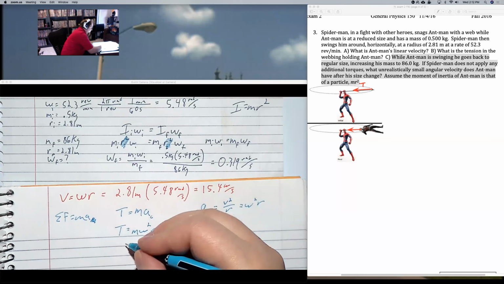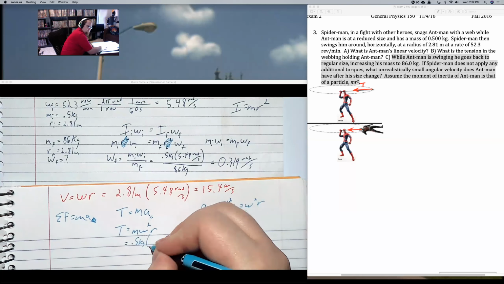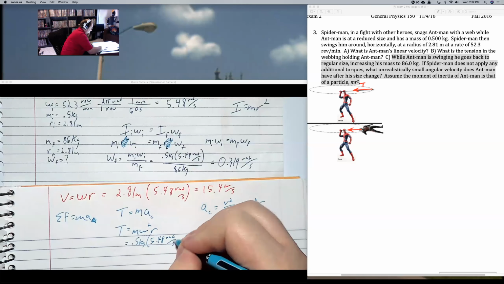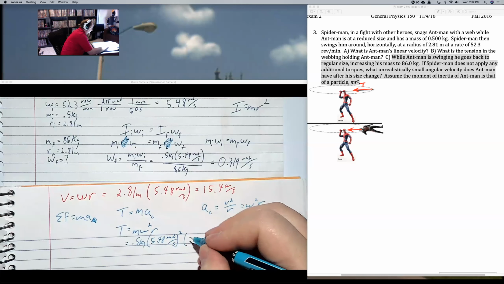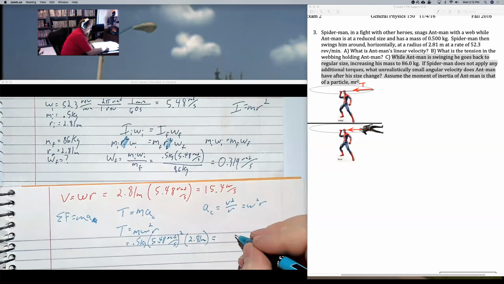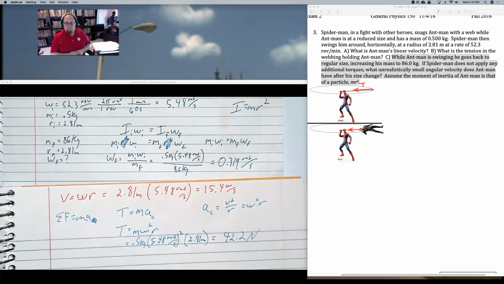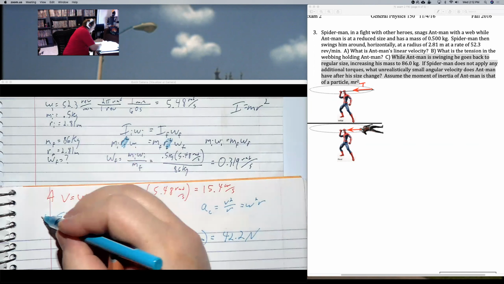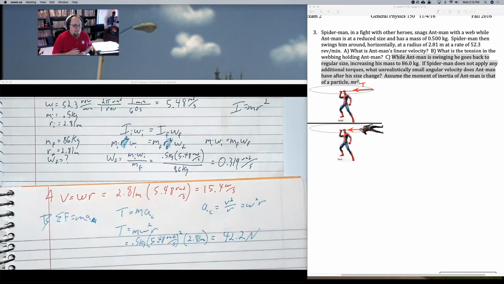And so the tension will be 0.5 kilograms times 5.48 radians per second squared times the radius, 2.81 meters, which is 42.2 newtons. There's parts A and B for the person who asked in the chat.